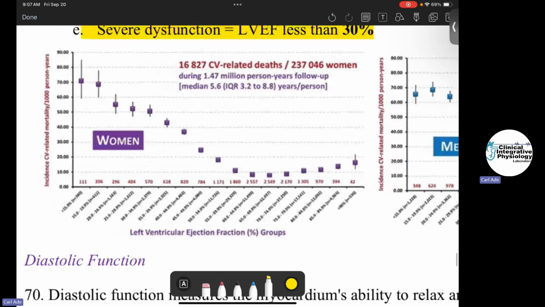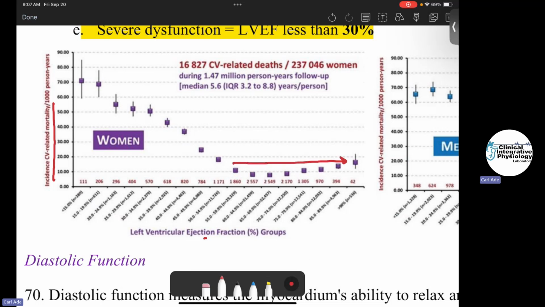We can actually look at the importance of this. We'll look at the women here. The other side is the same, just for men. This is the incidence of cardiovascular related mortality, and down here is the ejection fraction. Note that basically from here this way, incidence is very, very low. There's a 55 to 59.9% ejection fraction, 60, 65, 70.